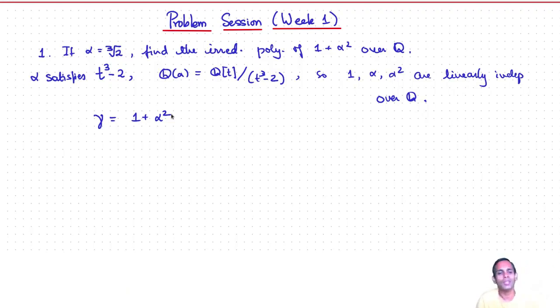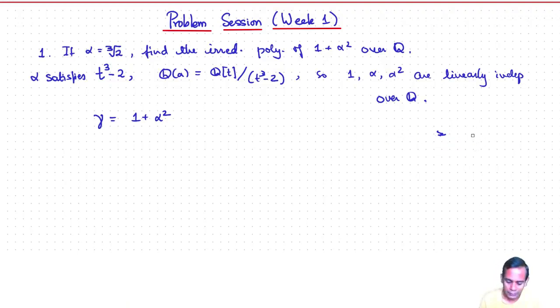So the strategy for all these problems: if gamma satisfies a polynomial like gamma to the 4 minus 3 gamma squared plus 1 equals 0, then if you think of gamma squared, gamma cubed, and also 1 as elements of Q(alpha), you can think of them as vectors and expand them in the basis 1, alpha and alpha squared. And this kind of equation is a linear relation between those vectors.